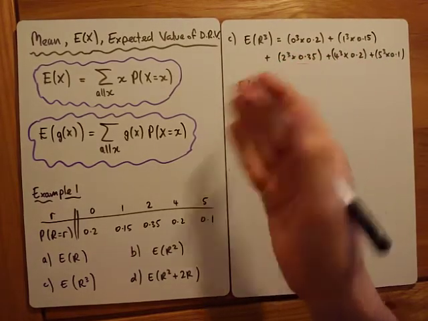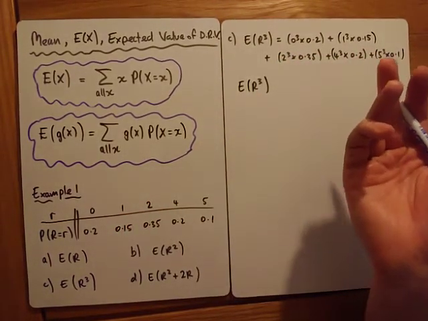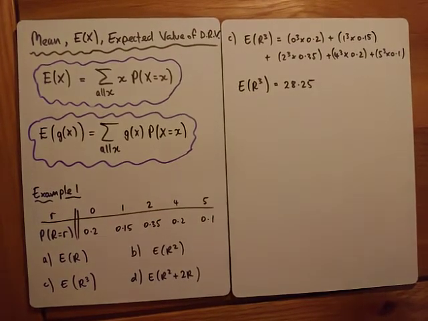The average is going to be higher because the numbers on the spinner are going to be higher, aren't they? Okay, so that gives me 28.25.